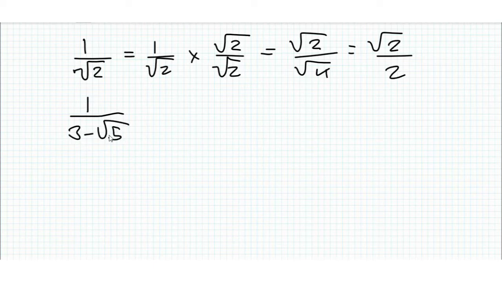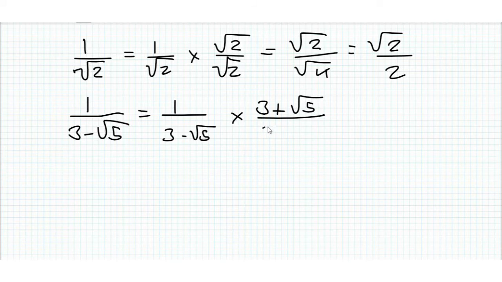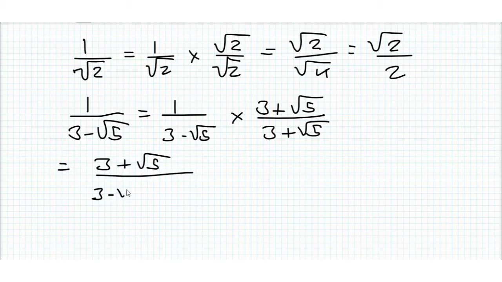Well, the rule here is we want to multiply by 3 plus root 5 over 3 plus root 5, and whatever these numbers are on the bottom, you just change the sign of this bottom expression. And the reason you do this is you can see we get the 3 plus root 5 here, but on the bottom we get 3 minus root 5 multiplied by 3 plus root 5.